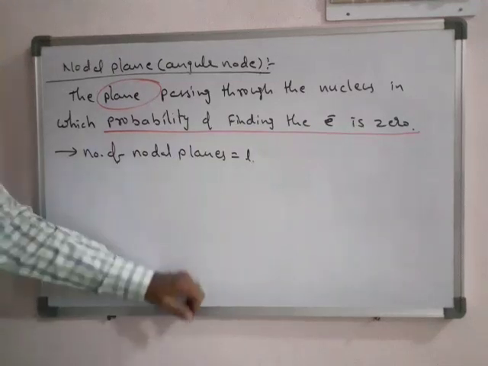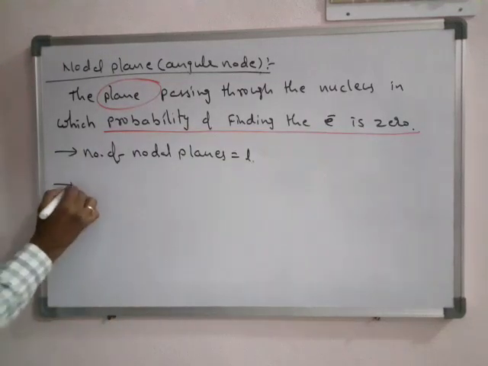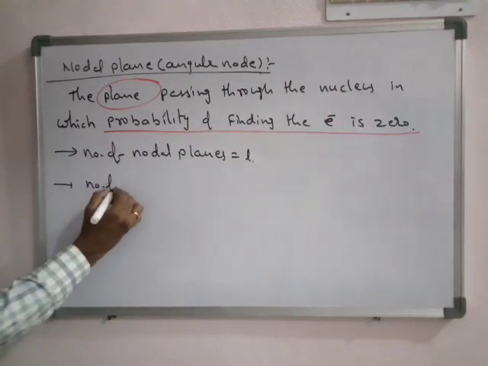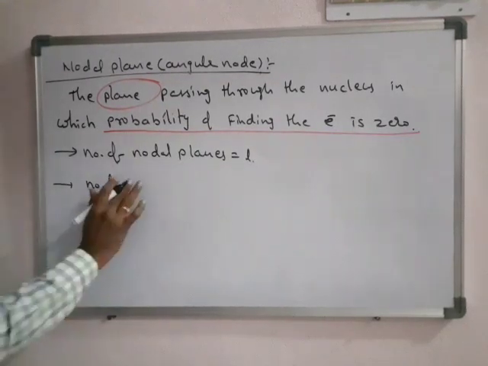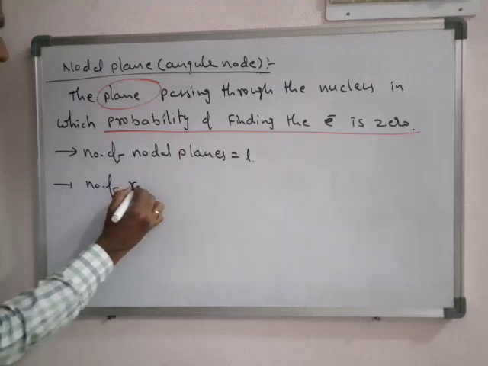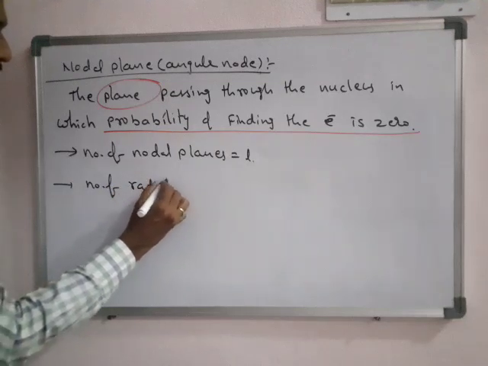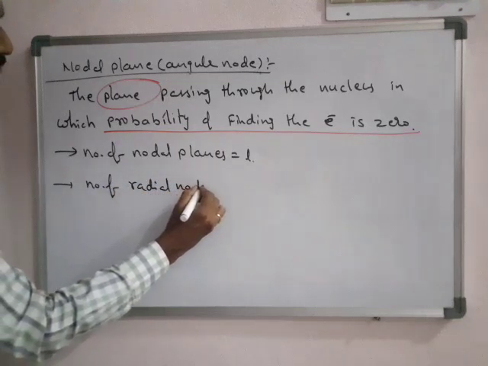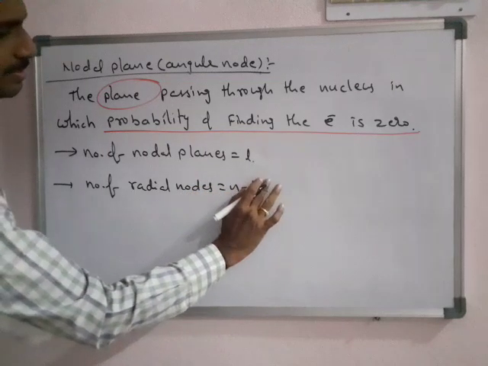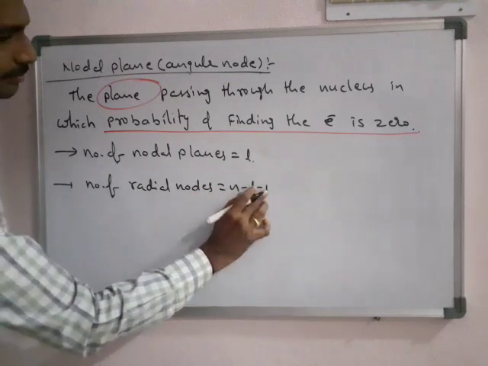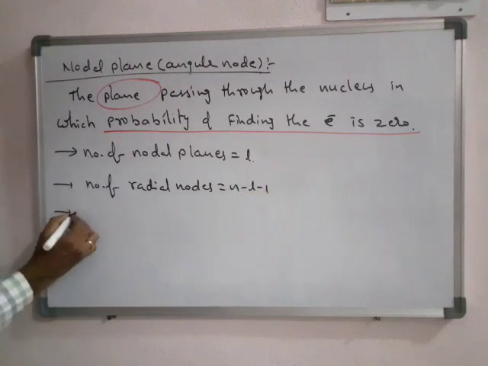Now we compare this formula with others. What is the number of radial nodes? n minus l minus 1. Now what is the total number of nodes?